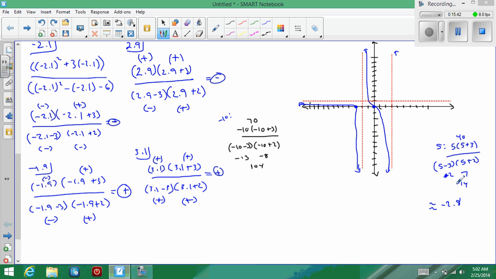So positive 14. So that's positive 2.8. So the whole point is that it's larger than the 1. So if I'm going to graph this, it's an estimated point anyway. So 1, 2, 3, 4, 5, and then 2.8.